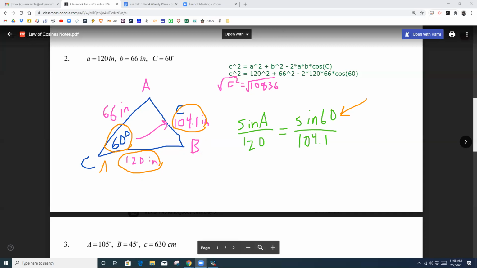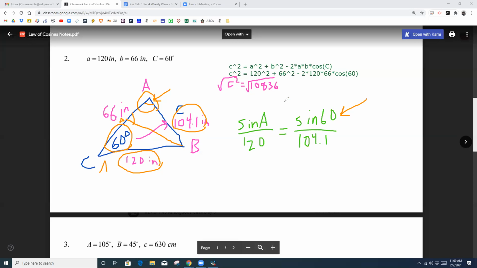If you found this height and found that there could be two triangles, angle A could look like this, or it could look like this, where angle A could actually be over here, which would make this angle obtuse. But if you do the law of sines, it's only going to tell us the acute version of the triangle.